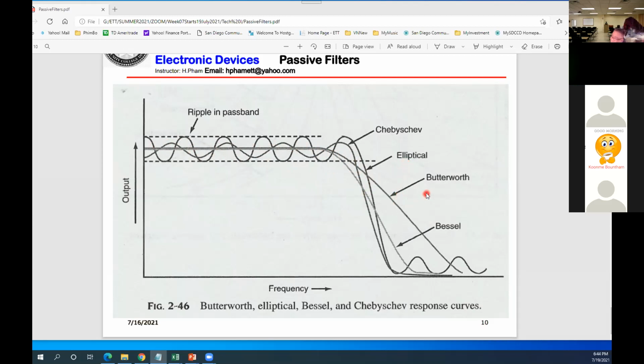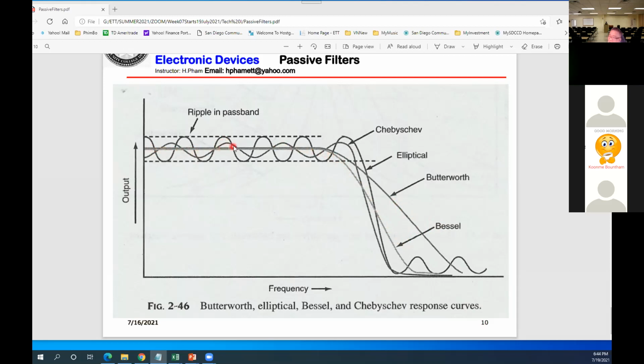How about Butterworth? That one has no noise, but the cutoff is not really good. How about the Bessel?